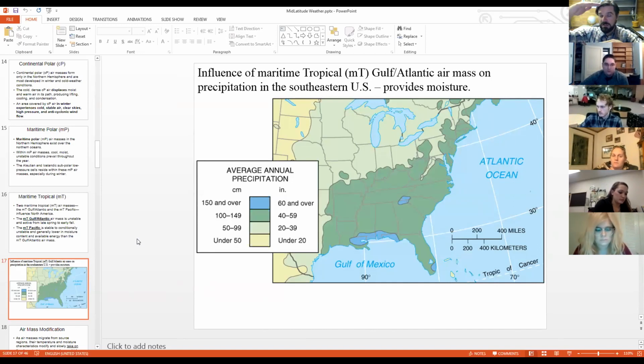We have much greater temperature swings every day, typically, because of being right in the middle of the continent. Land warms and cools much quicker than a body of water does. And so that results in this influence on the distribution of annual precipitation in Georgia, Mississippi, Alabama, the Carolinas.